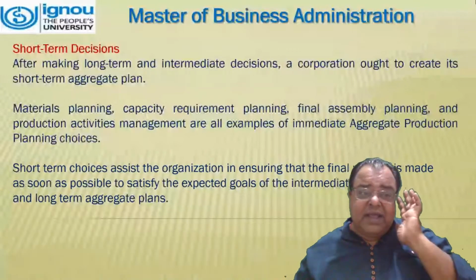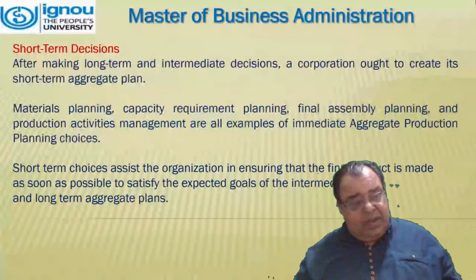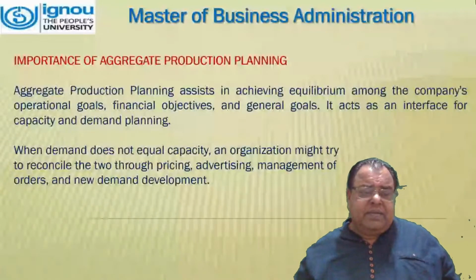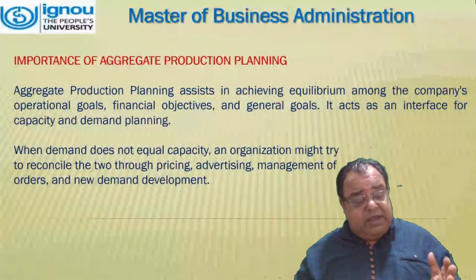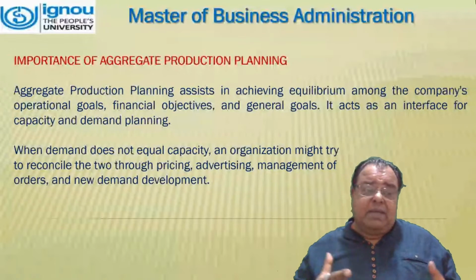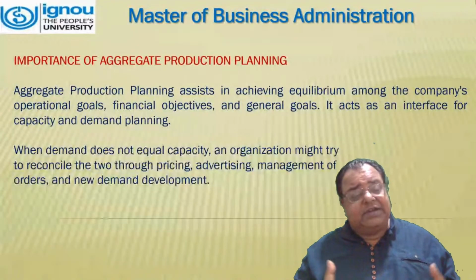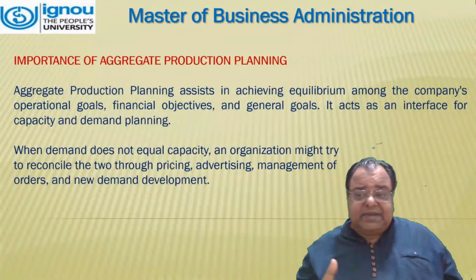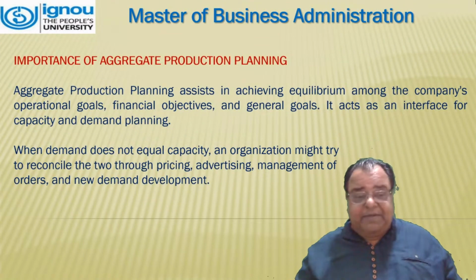What is the importance of aggregate planning? Aggregate production planning assists in achieving equilibrium among companies' operational goals, financial objectives, and general goals. It acts as an interface for capacity and demand planning.